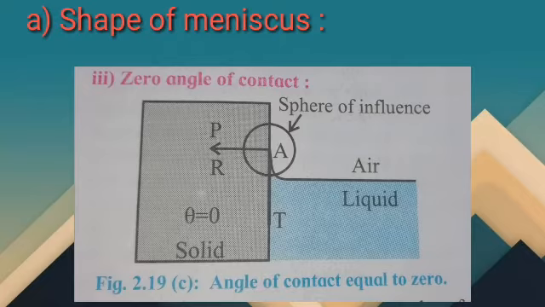That is, vector AC is equal to 0, and the net adhesive force is itself the resultant force, that is, vector AP is equal to vector AR. Therefore, the tangent AT is along the wall within the liquid and the angle of contact is 0.